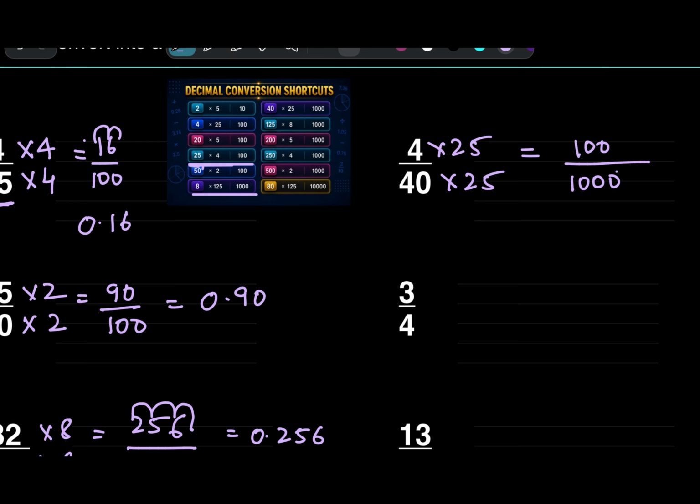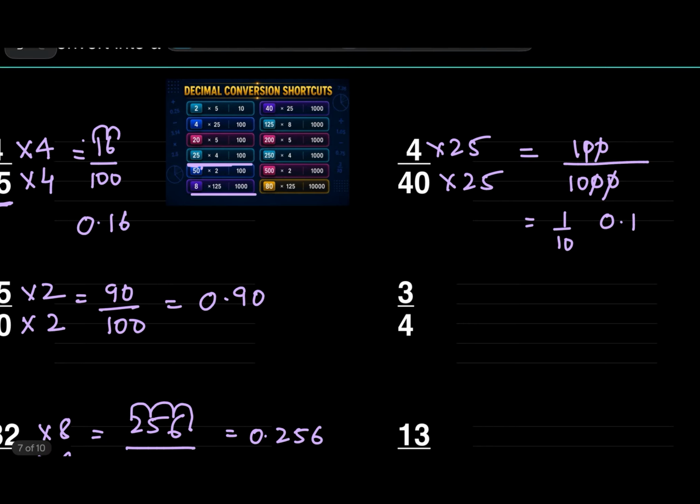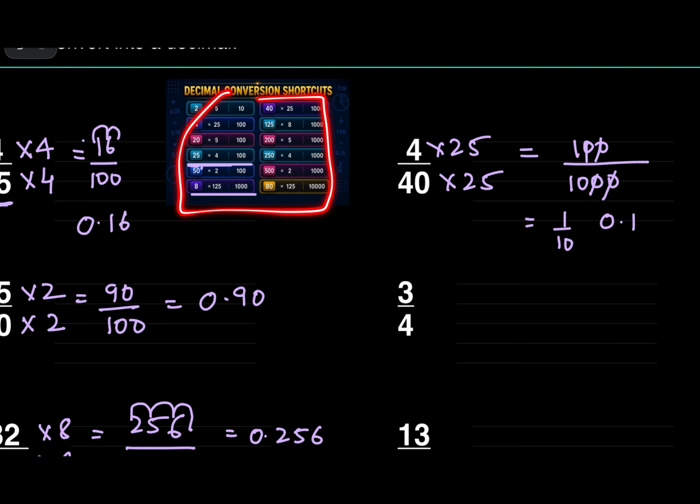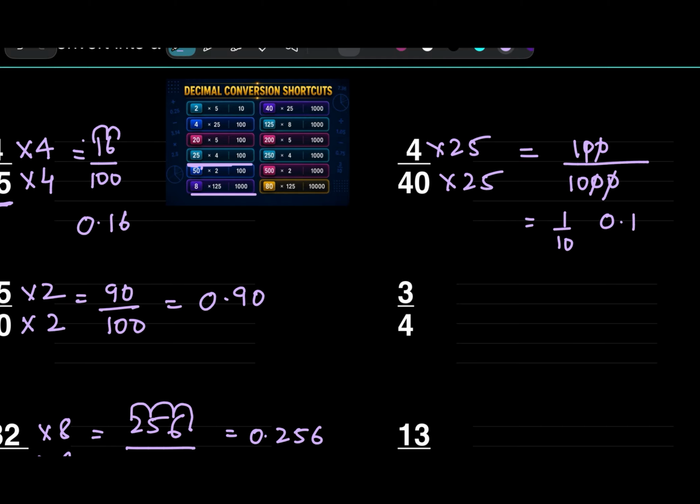You can also cancel off the zeros here. 1 upon 10. Now if you have to jump, it's just 0.1. Now if you feel that I can just cancel over here also, that is also fine. Like see, 4 and 40. 4 ones are 4, 4 tens are 40. Again it becomes 1 upon 10 only, and then straight away 0.1. That also works. But most of the time the cancellation is not possible. So then you have to sit and look at this chart and do all this.